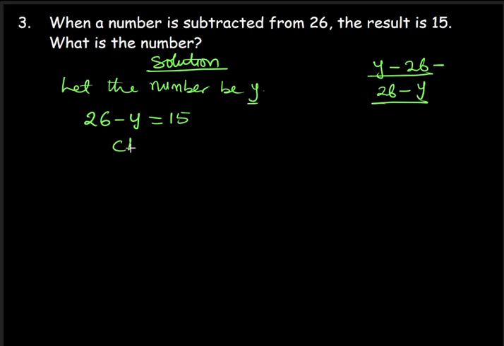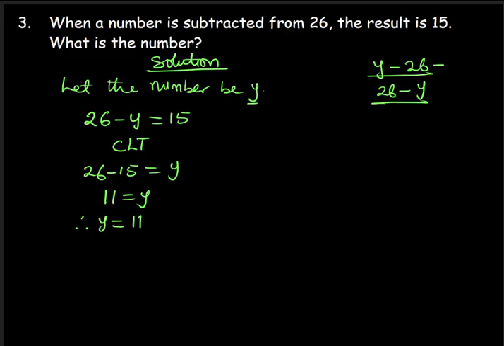And the result will be equal to 15. So if we collect like terms, we can decide to take our variable to the right hand side. That will give us 26 minus 15 is equal to y. Minus y crosses over to give us plus y. So what do we have? We have 11 equals y. Therefore our y is equal to 11.